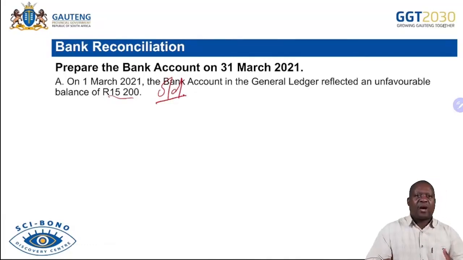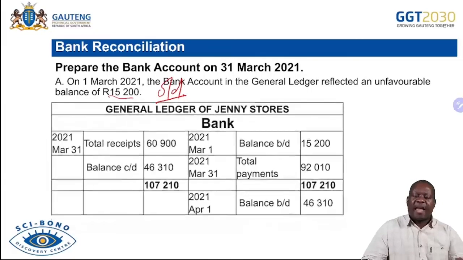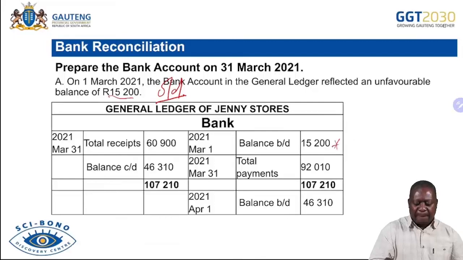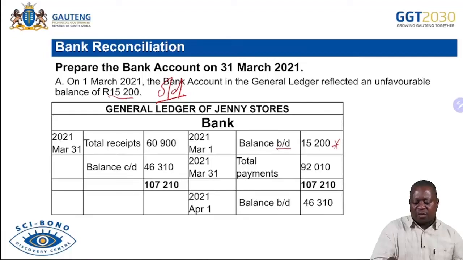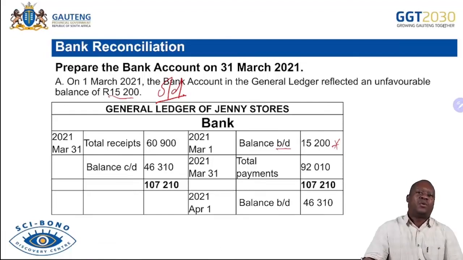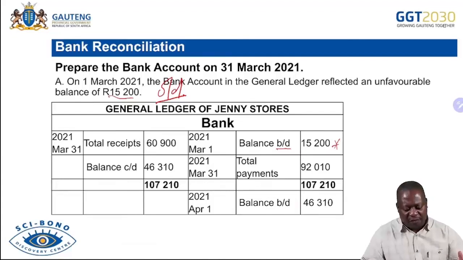So let's see how it appears when we are taking it to the bank account. An overdraft is a liability. And a liability is going to be a credit balance. So we are going to start by bringing down the 15,200 on the first day of the month. That is the only figure that we have then.